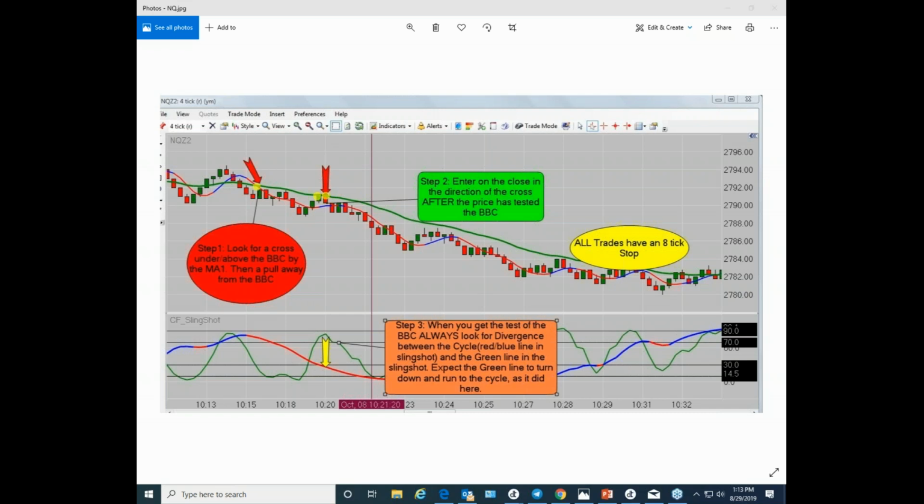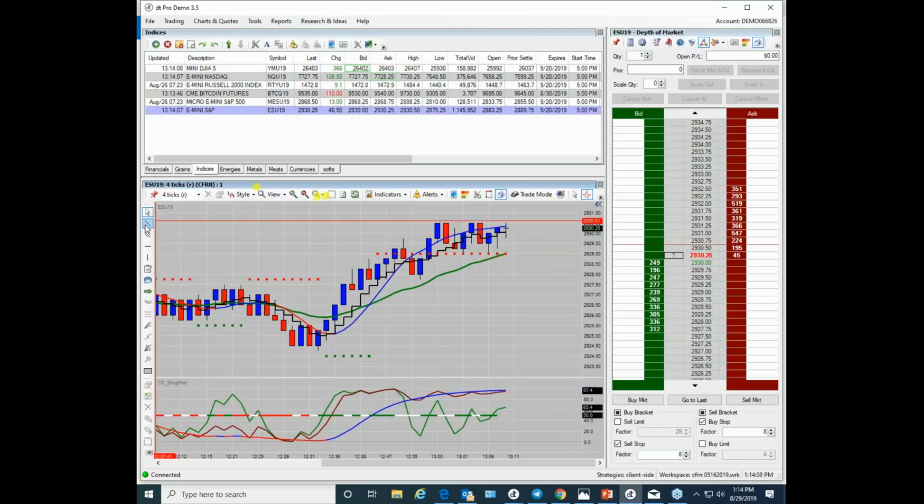The twist to step number two. Sometimes the market has so much bullish or bearish momentum, it will not get to the BBC, that green line. So what you're going to learn, and what I'm going to labor over the next 45 minutes, is as soon as you get that cross, you're going to activate the trend line on our chart.